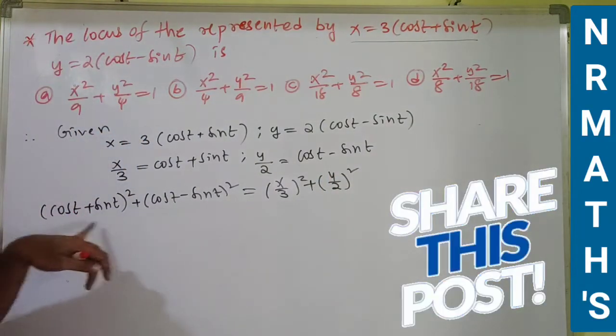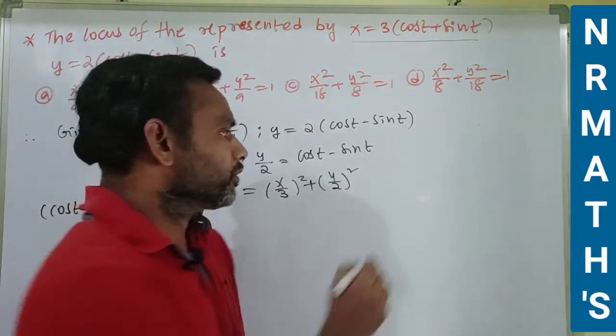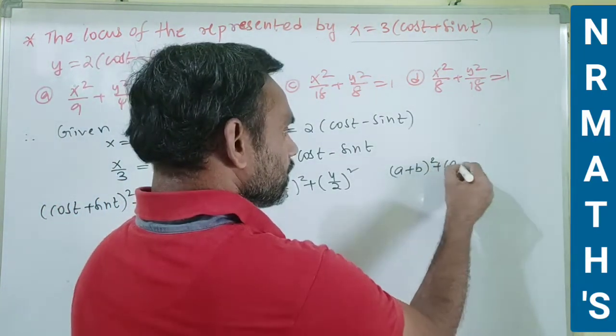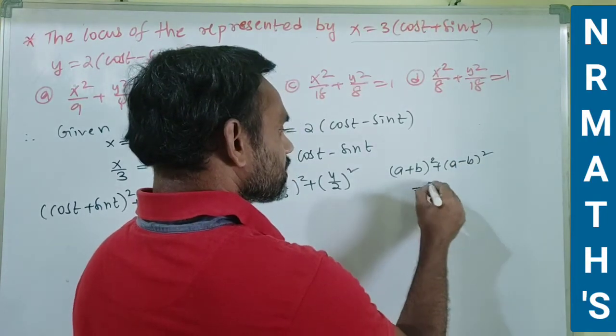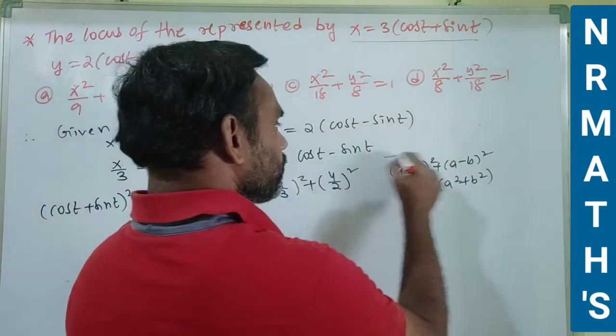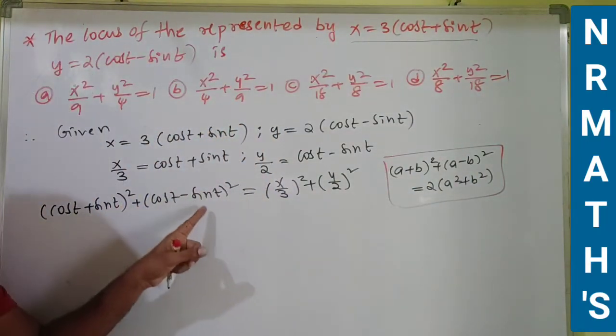Now it is of the form (a plus b) whole square plus (a minus b) whole square. We know that (a plus b) whole square plus (a minus b) whole square is equal to 2 of (a square plus b square). It is the formula. Here substitute a as cos t, b as sin t.